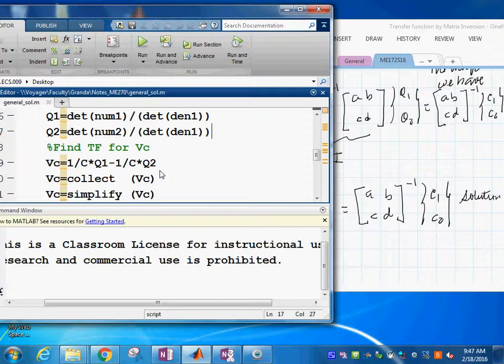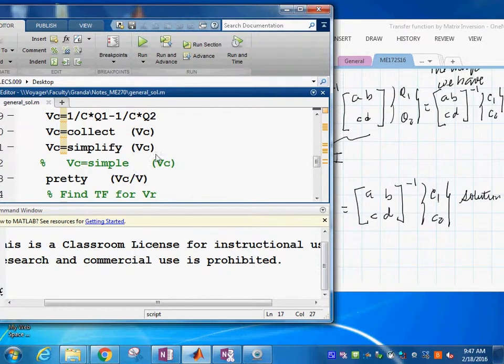And then what you're going to do is find the ratio between V sub C and V. So let's analyze the result up to here, okay?